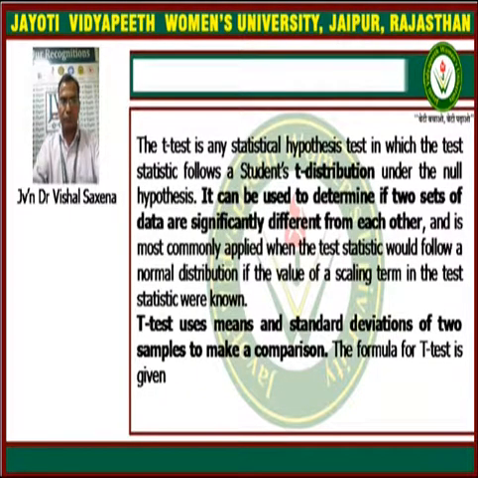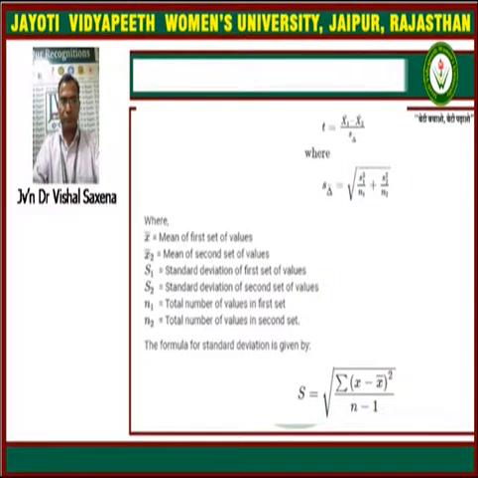In the initial slide we give the definition of the t-test, and here is the t-statistic formula. The t-statistic is given by x1 bar minus x2 bar upon s del bar, where s del bar is the combined standard deviation, given by the square root of s1 square upon n1 plus s2 square upon n2.